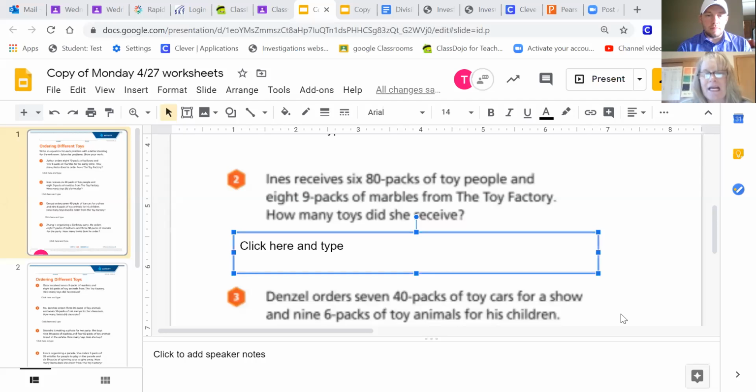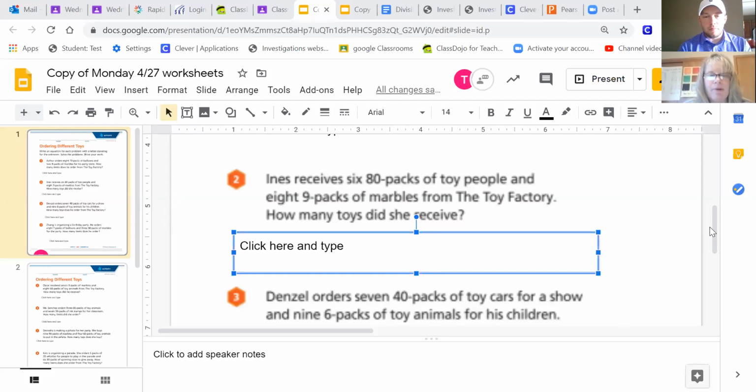So I'm going to have Mrs. Campbell go ahead and share her screen, and we'll get started here. Okay, so when we share it, when you come to something that says Google Slides, this is what it's going to look like. And here's an example. We're going to do a couple problems.